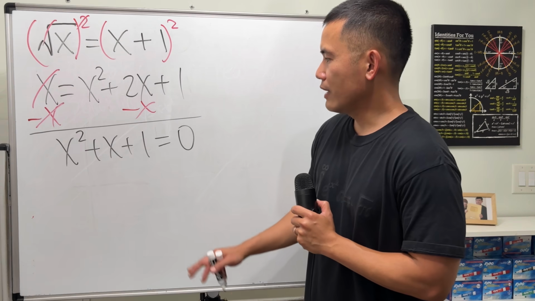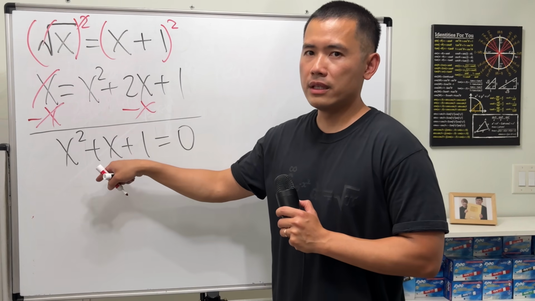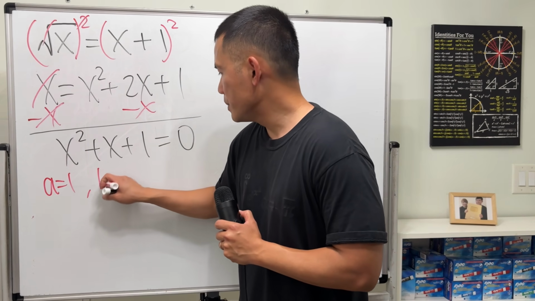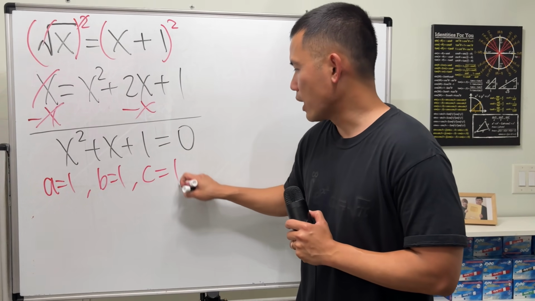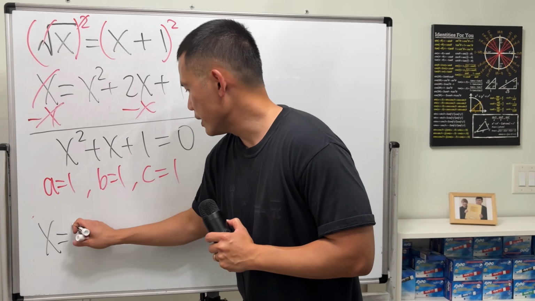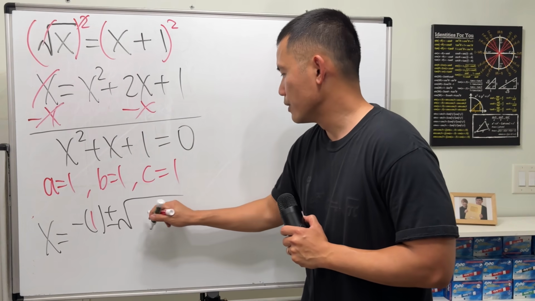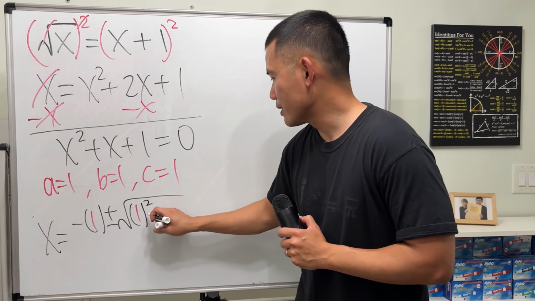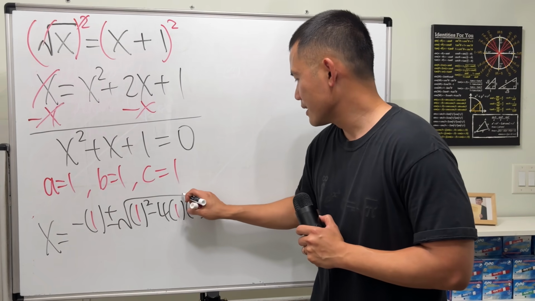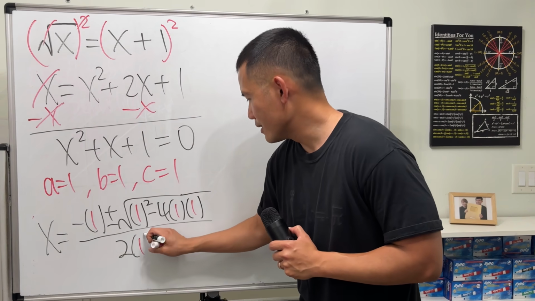Then you see that we have a quadratic equation. The coefficient here is an odd number, it's just 1, so I will just use the quadratic formula. A is 1, B is 1, and C is 1. So we get x is equal to negative b, which is 1, plus or minus square root of b squared, which is 1 squared, minus 4ac, 1 and 1 here, over 2a, and a is 1.